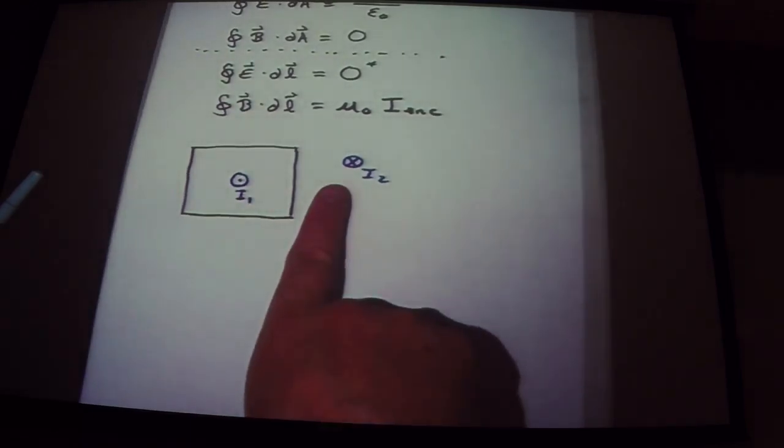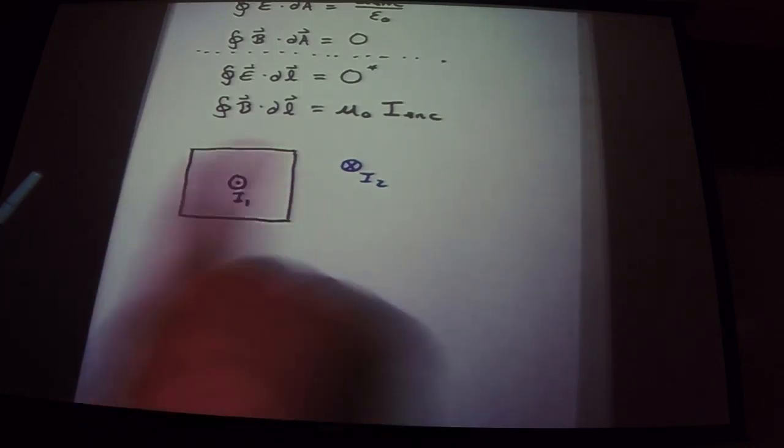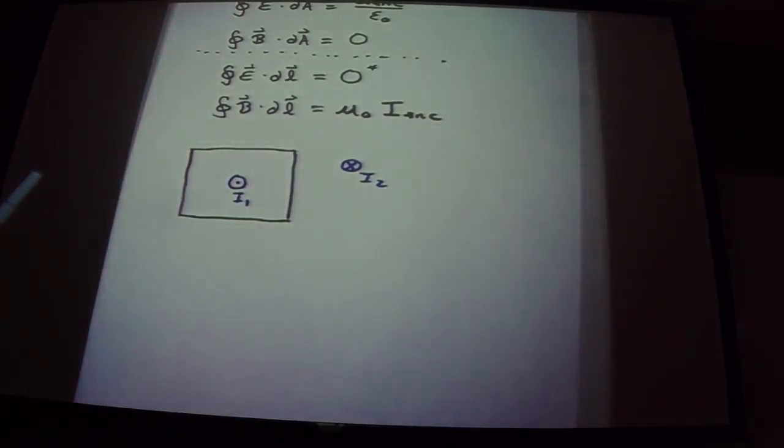I2 is not included because I2 is not enclosed. I2 does not go through the shape in question.